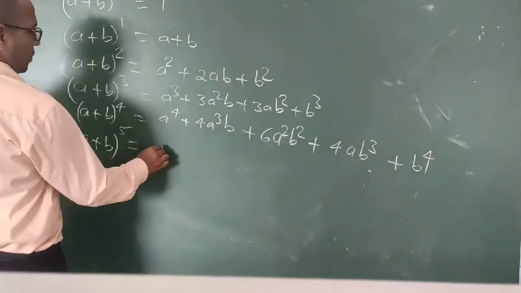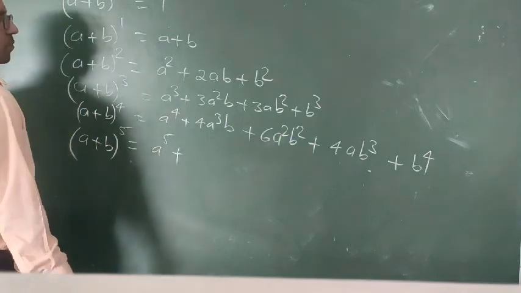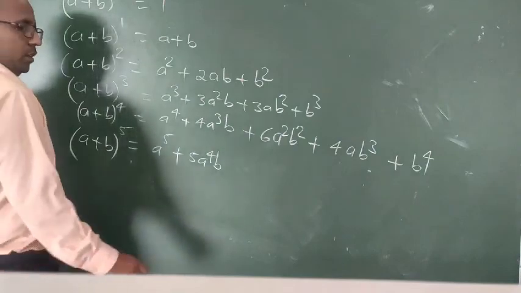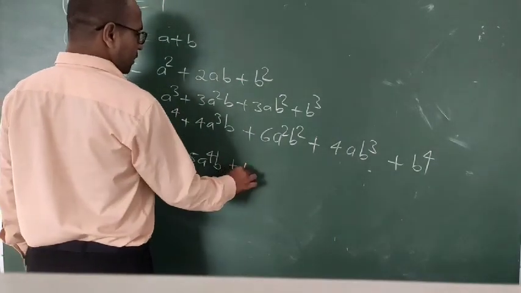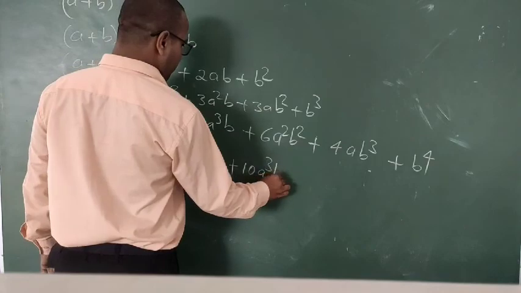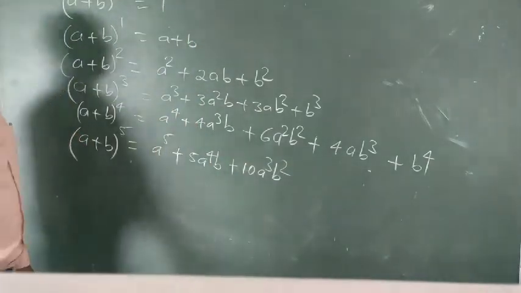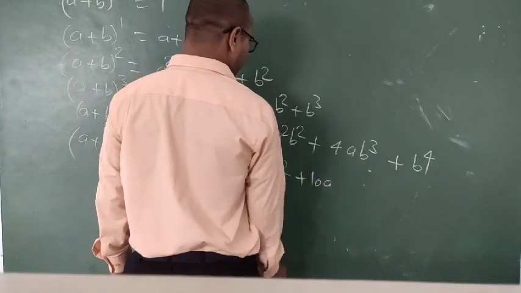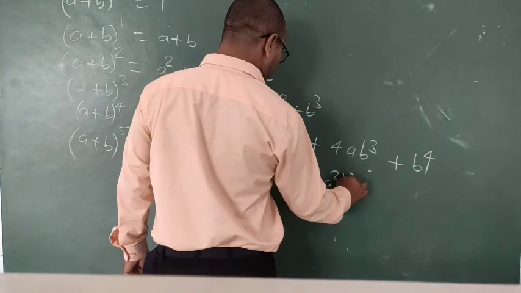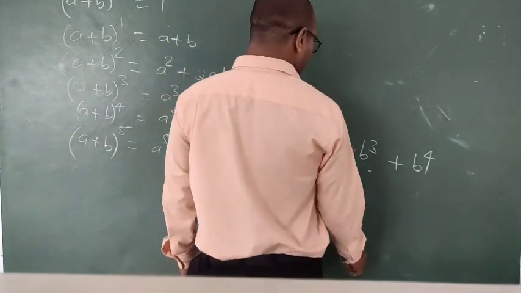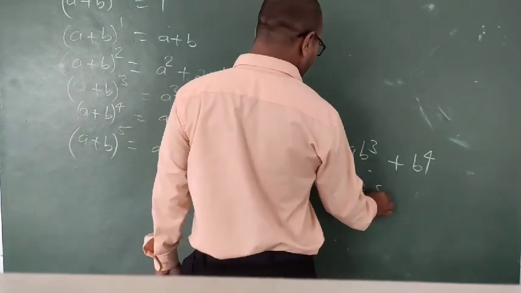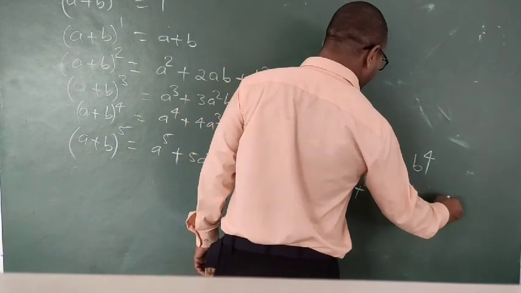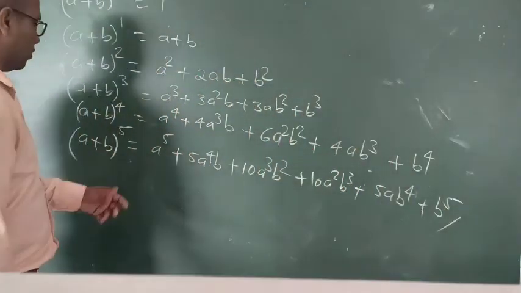That means a to the power 5, plus 5 a to the power 4 into b, plus 10 a to the power 3 b square, plus 10 a to the power 2 b cube, plus 5a b to the power 4, plus b to the power 5. This one is the expansion of a plus b whole to the power 5.